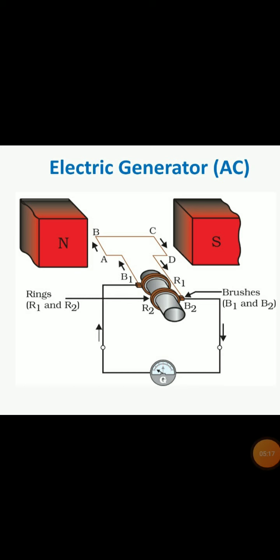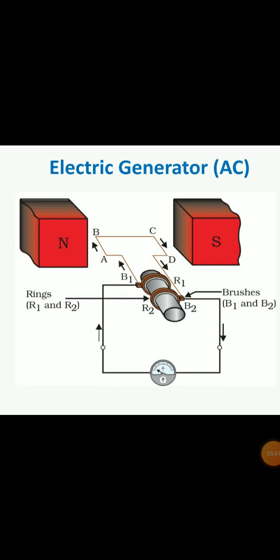Now here for electric generator, what happens to the axle? The axle may be mechanically rotated from outside to rotate the coil inside the magnetic field. Now here what is to be done? The axle is to be rotated, and once the axle is rotated, as a result the coil will rotate, right?